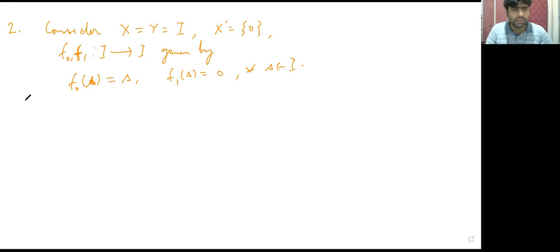Now define capital F from I cross I by F of s, t equal to (1 minus t) s, right?